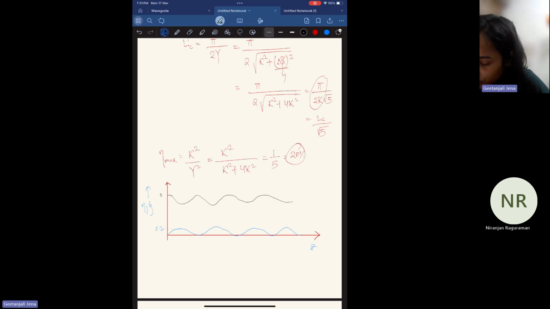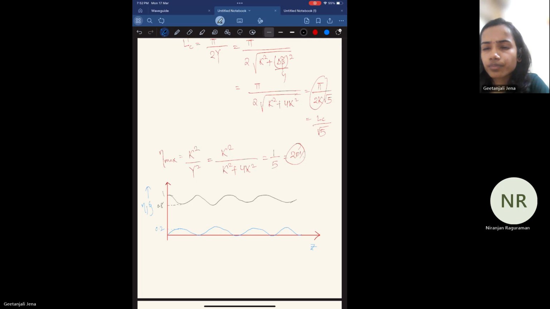So this is 1 and this is 0.8. So this is incomplete exchange of power, just from the amplitude of P2 by P0. So the larger the delta beta tilde, the smaller will be the power transferred to the waveguide along Z.